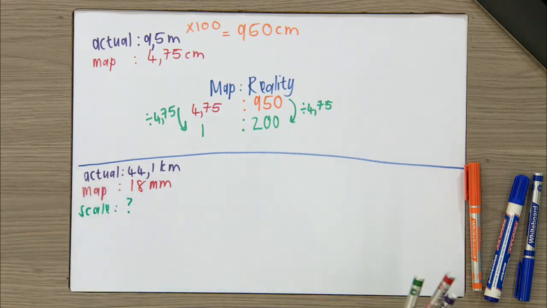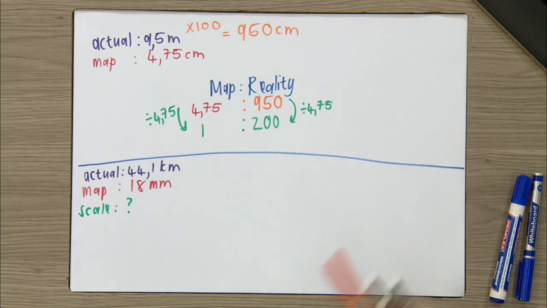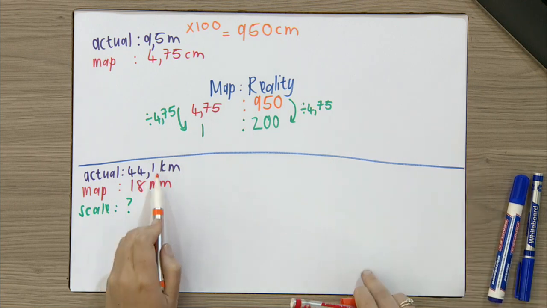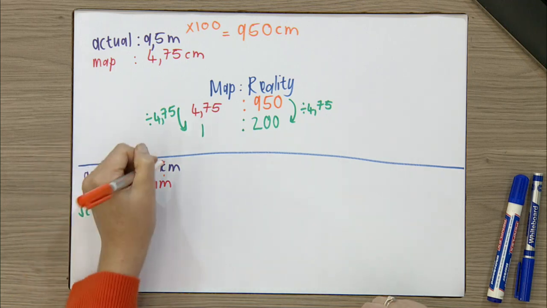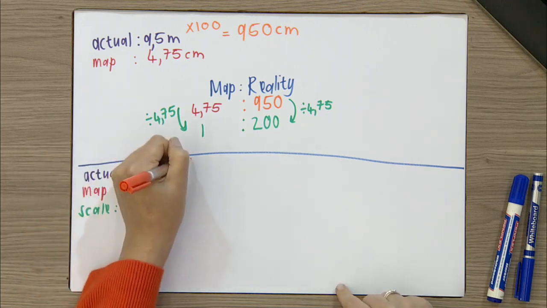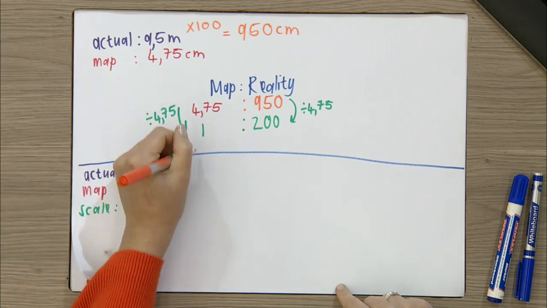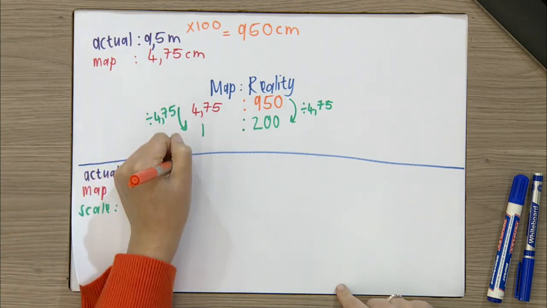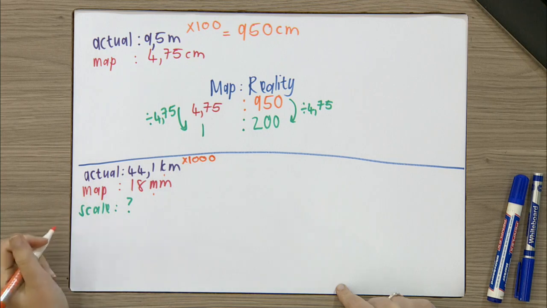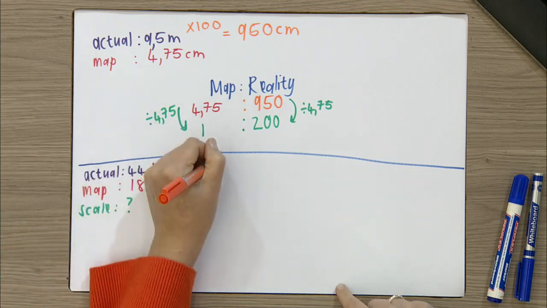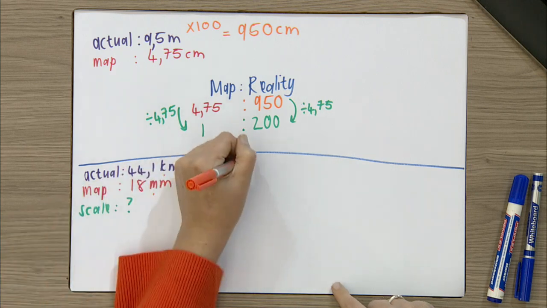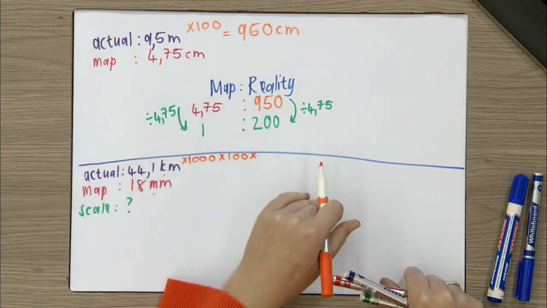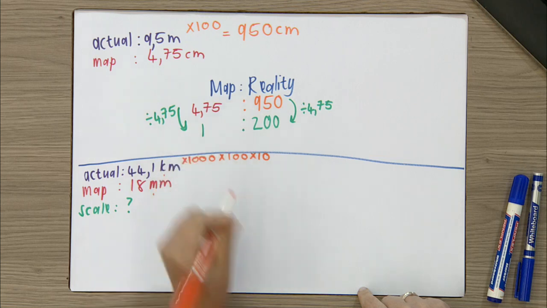So now I have a summary for myself. What do I have? What do I need? And immediately I can see millimeters and kilometers. We're not working in the same units. So I'm going to now go from kilometers to meters first, which will be times 1,000, and then from meters to centimeters, which is times 100, and then from centimeters to millimeters, which is times 10.